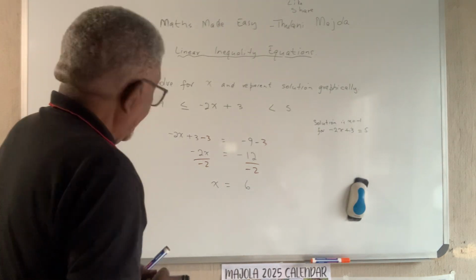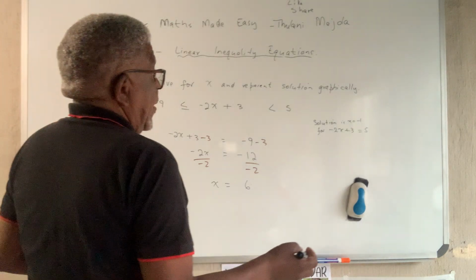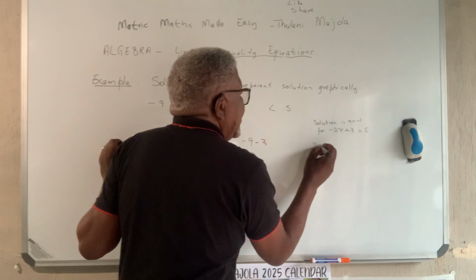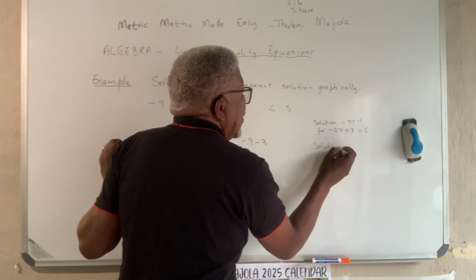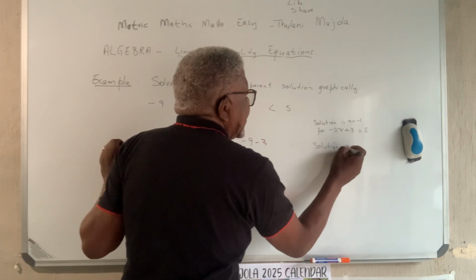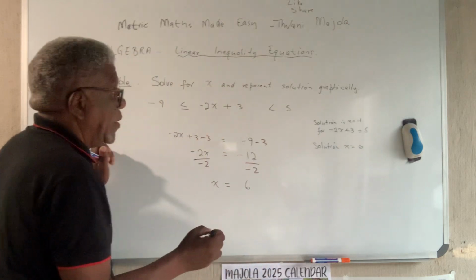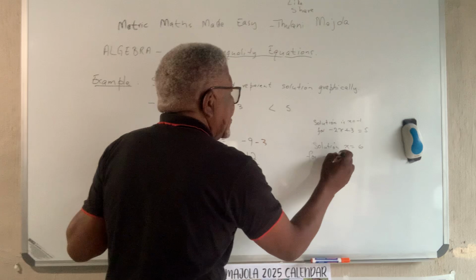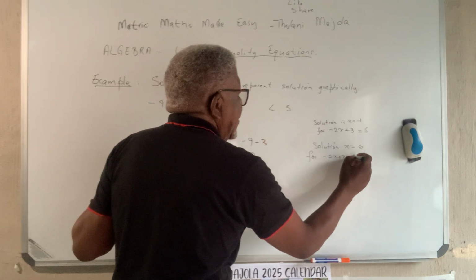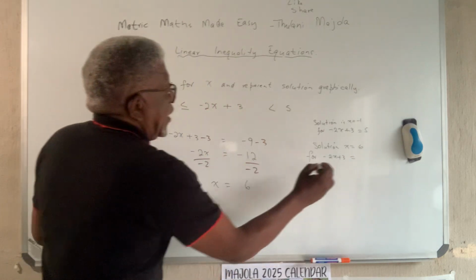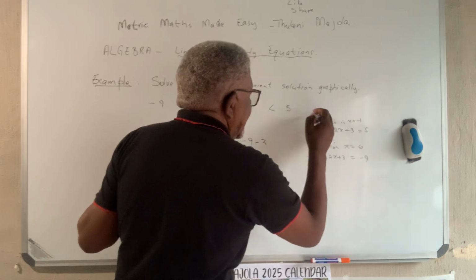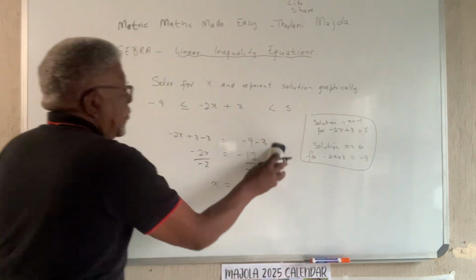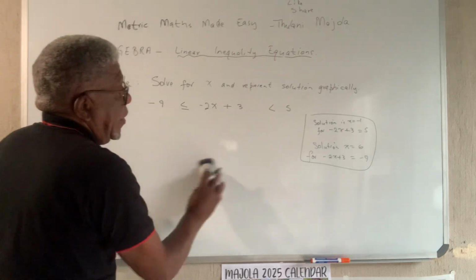So now I write it here also: we've got a solution, x equals 6, for this equation, negative 2x plus 3 equals negative 9. I'll leave this one here whilst I do the inequality.